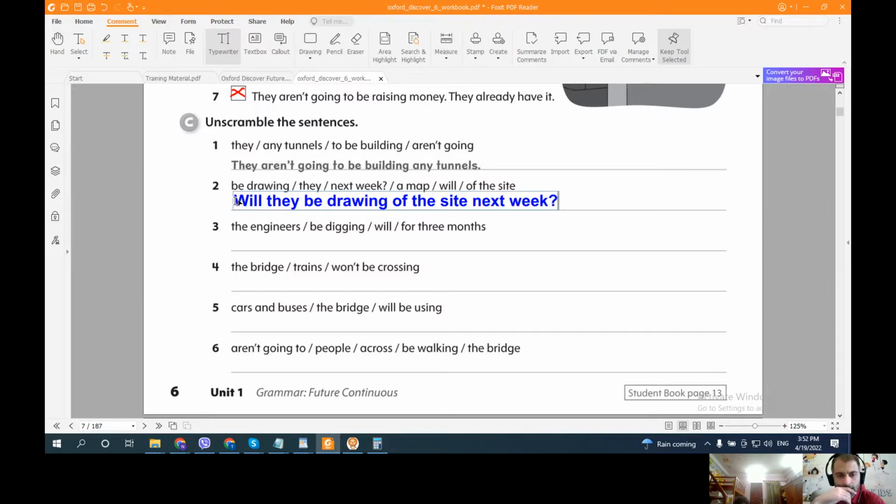Next one. Their engineers will be taking for 3 months. Will. For 3 months. Okay, next one.